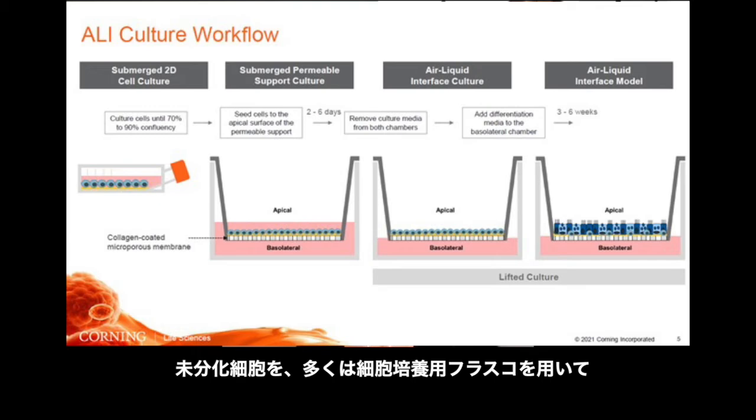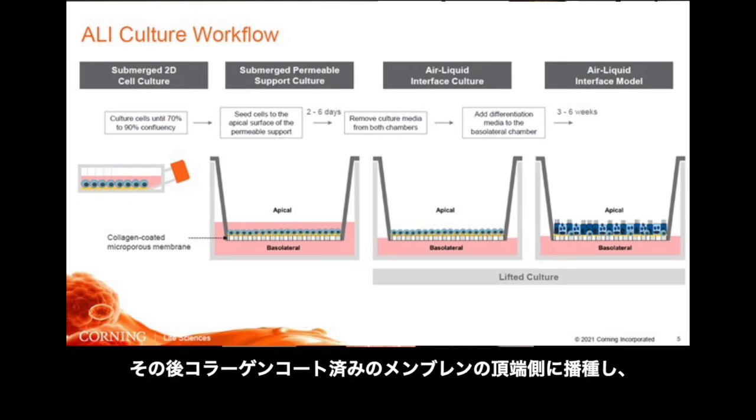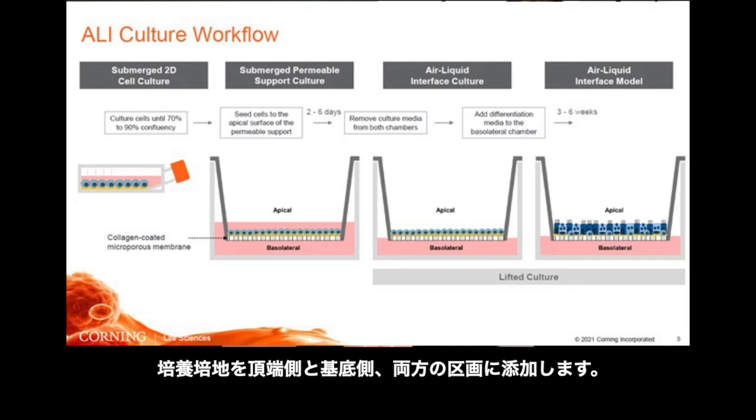They would be expanded, submerged, typically on a cell culture flask towards confluency. The cells are then transferred. They're seeded onto the apical surface of the collagen-coated membrane, and growth media would be added here in both apical and also the basolateral chambers.